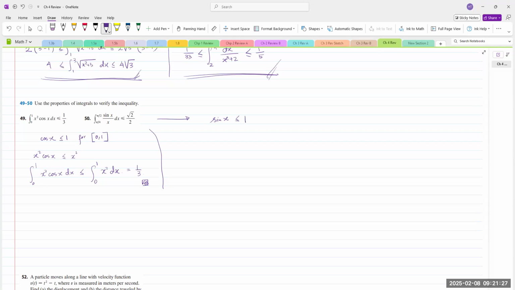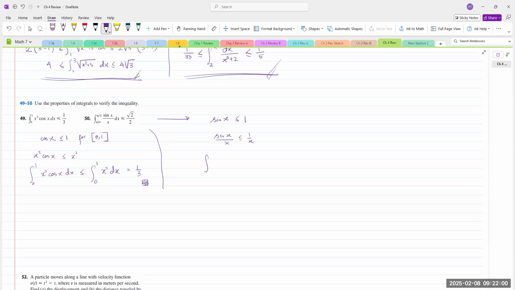Dividing by x is actually a hard one. The x here is between, you know what? So sine x over x must be less than 1 over x. Is that right?